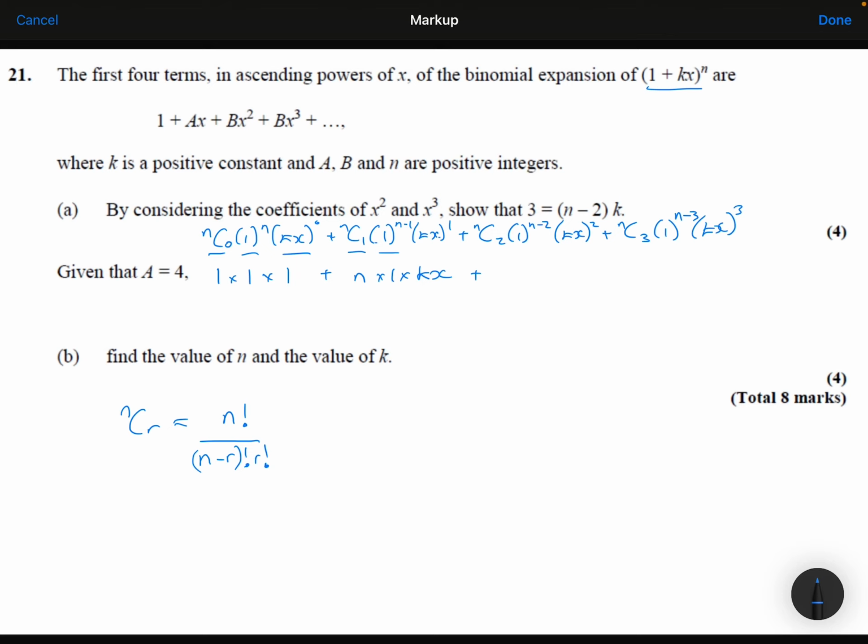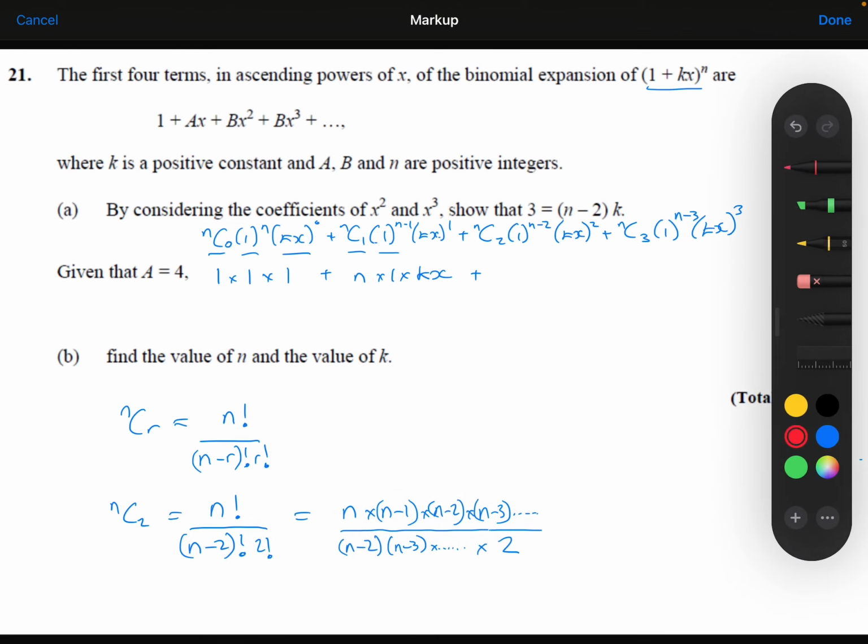So for nC2, we'll have n! over (n−2)! times 2!, which is the same as n times (n−1) times (n−2) times (n−3) and so on, over (n−2) times (n−3) times (n−4) and so on, times 2 times 1.